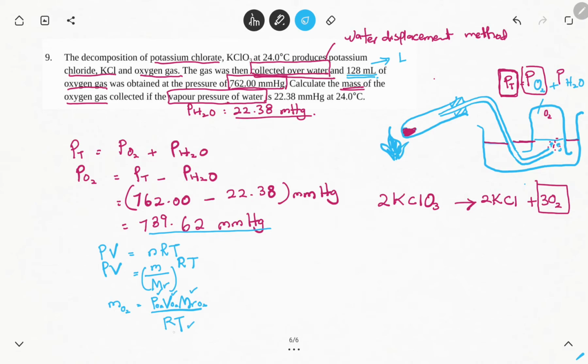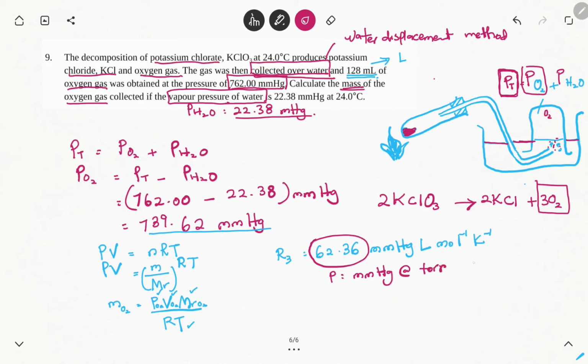Temperature is in Kelvin, so we can use the third gas constant value, R3, which is 62.36 mmHg liter per mole per Kelvin. To use this gas constant value, you need to make sure that the pressure used is in mmHg or torr, and the volume is in liter.